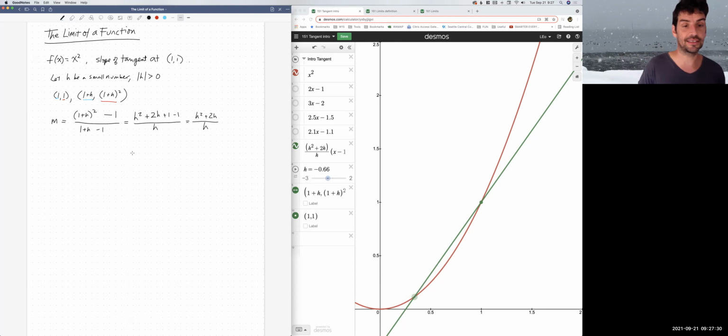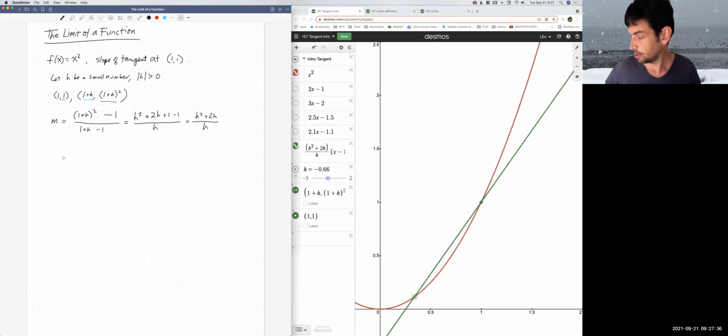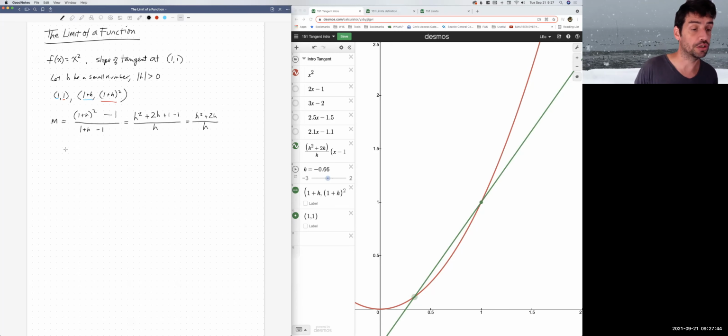So let's look at this slope for different values of h. We'll take a value and we'll make those values of h smaller and smaller, closer to 0, but never equal to 0. So let's make ourselves a little table. I'm going to make this slope a function.